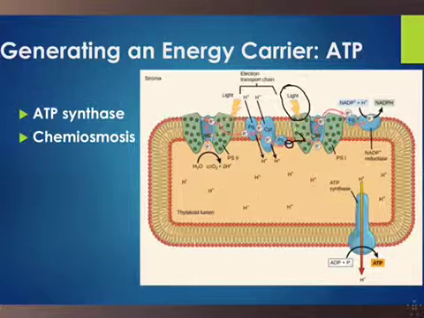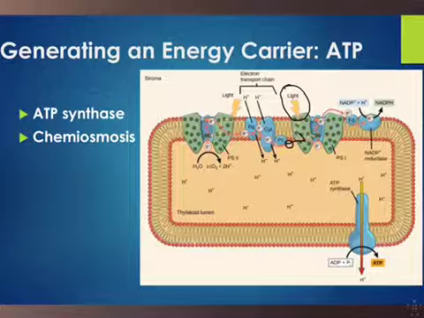And then we've created a concentration gradient of hydrogen ions, which then allows us to make our ATP via ATP synthase in chemiosmosis. Basically the same process that we talked about last chapter.